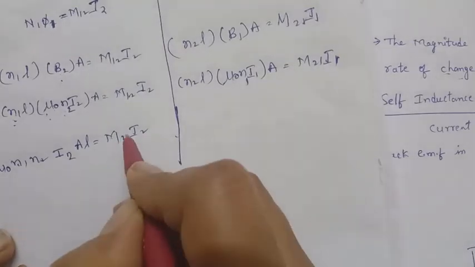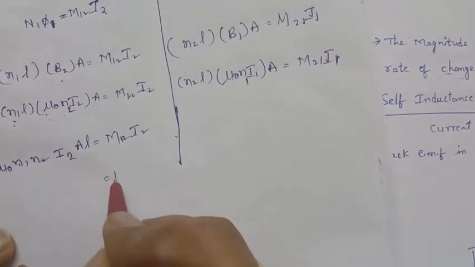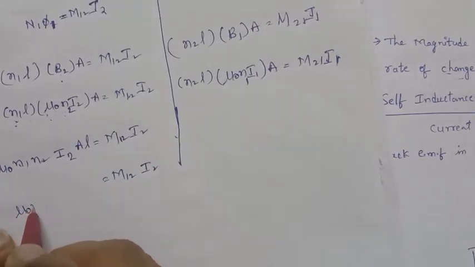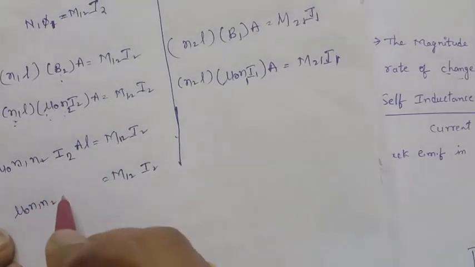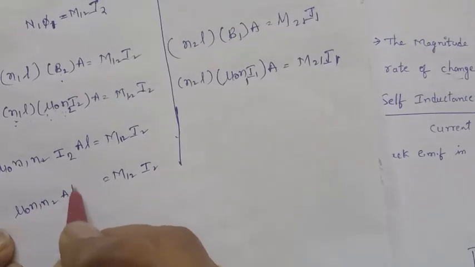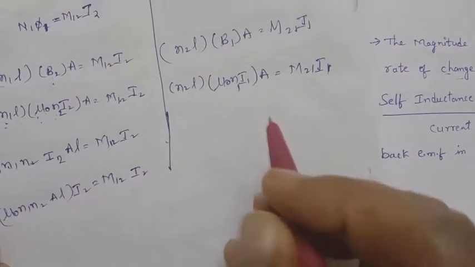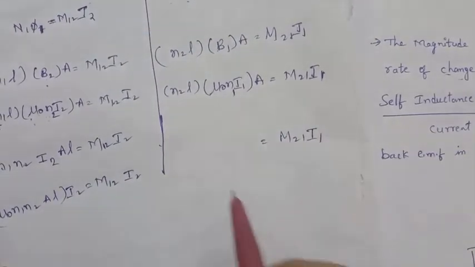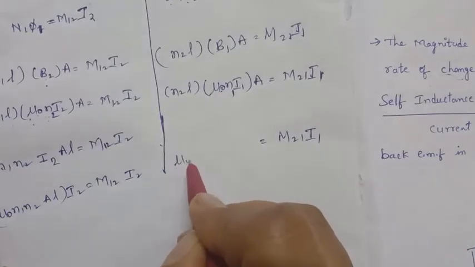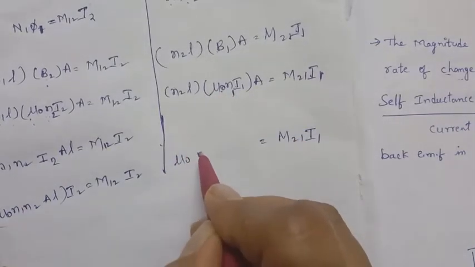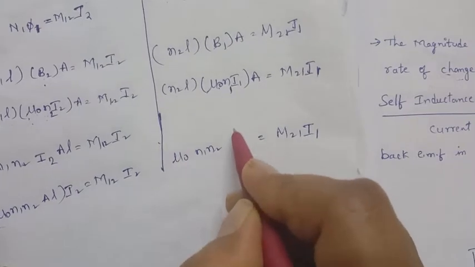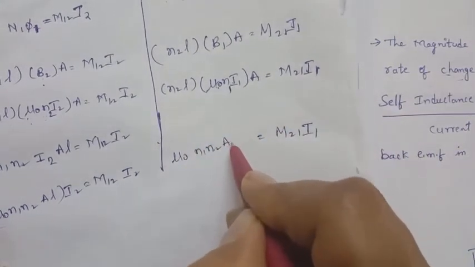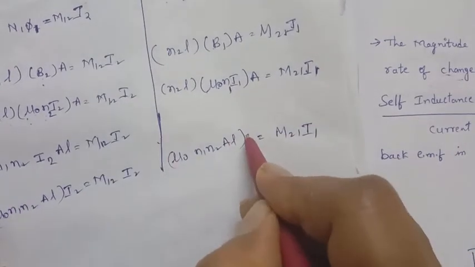So M12 I2 here is mu naught N1 N2 A L I2. Similarly, you have to observe M21 I1 is mu naught N1 N2 A L I1.